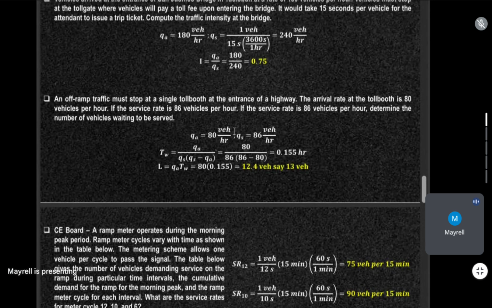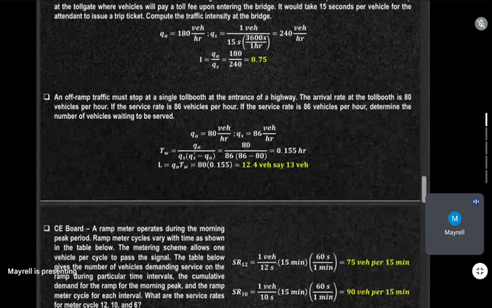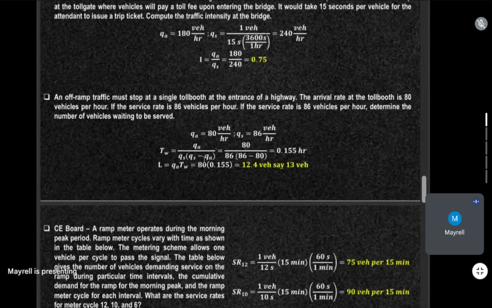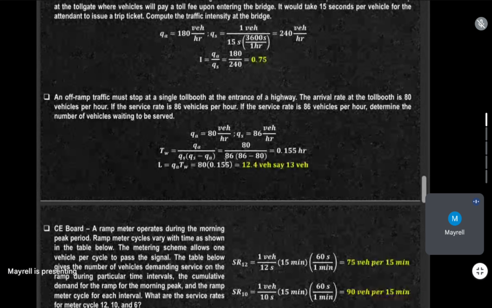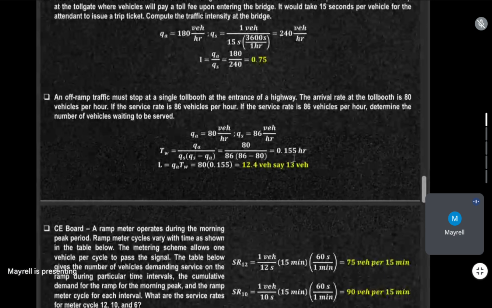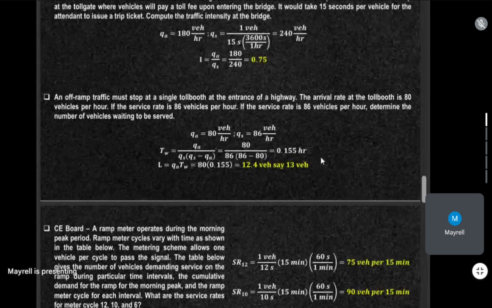Then we need the average waiting time. That is QA over QS times QS minus QA, so that's 80 over 86 times 86 minus 80. So the average waiting time is 0.155 hour.